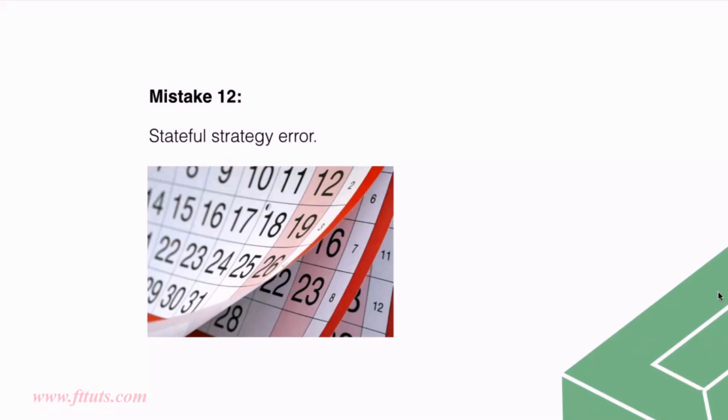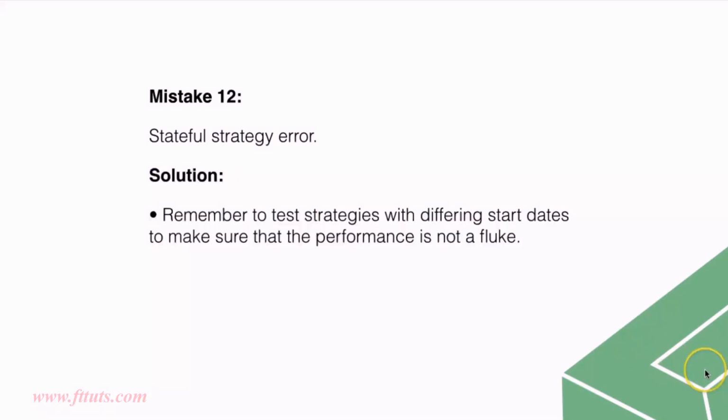When a trading strategy rapidly accrues assets and holds them for a reasonable set of time, the start date of that test can have a huge impact on results. There's nothing wrong with having a stateful strategy, but just remember to test it out with different start dates to make sure that the performance is not a fluke.